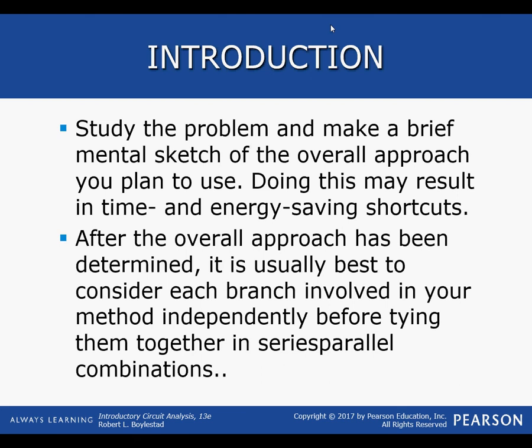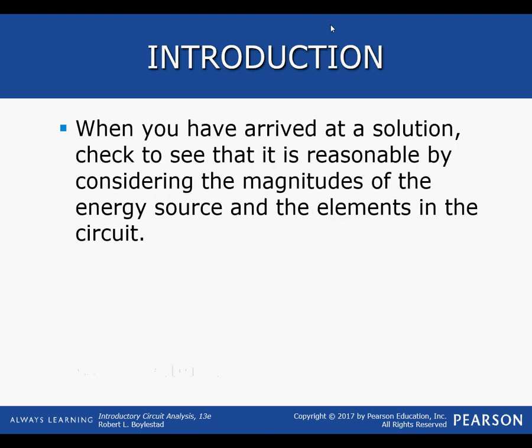Doing this may result in time and energy saving shortcuts. After the overall approach has been determined, it's usually best to consider each branch involved in your method independently before tying them together in series parallel combinations. When you've arrived at a solution, check to see that it is reasonable by considering the magnitudes of the energy source and the elements in the circuit.